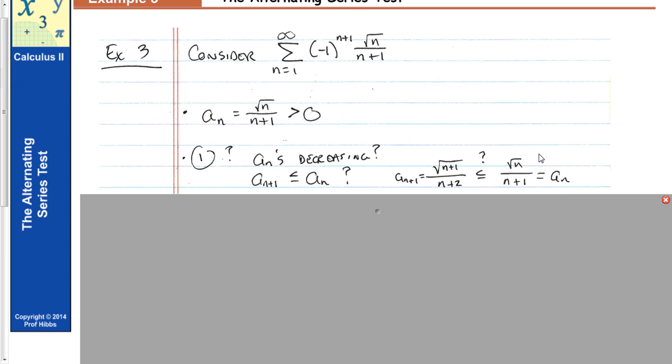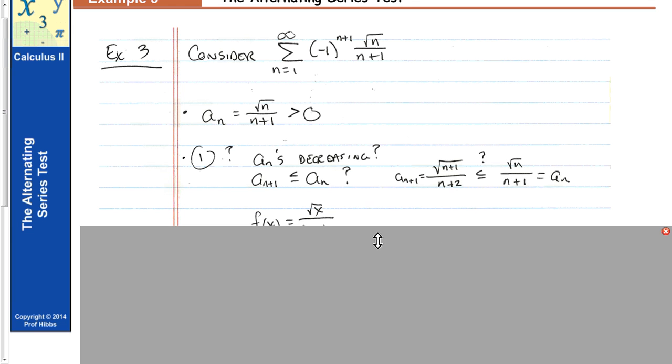So we're comparing this fraction to this fraction. We want to know if a sub n plus 1 is smaller than a sub n. The problem here is, of course, the denominator is bigger, but so is the numerator. And if you're changing both the denominator and the numerator, and they're both bigger, then we don't really know how it compares to this other fraction.